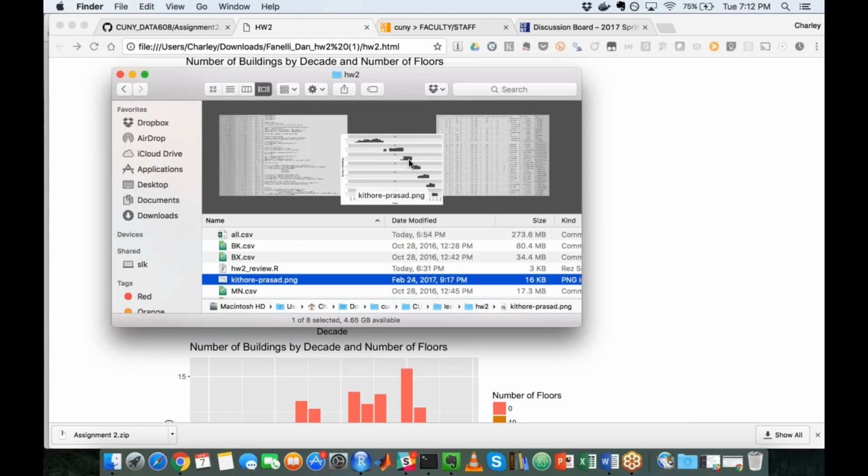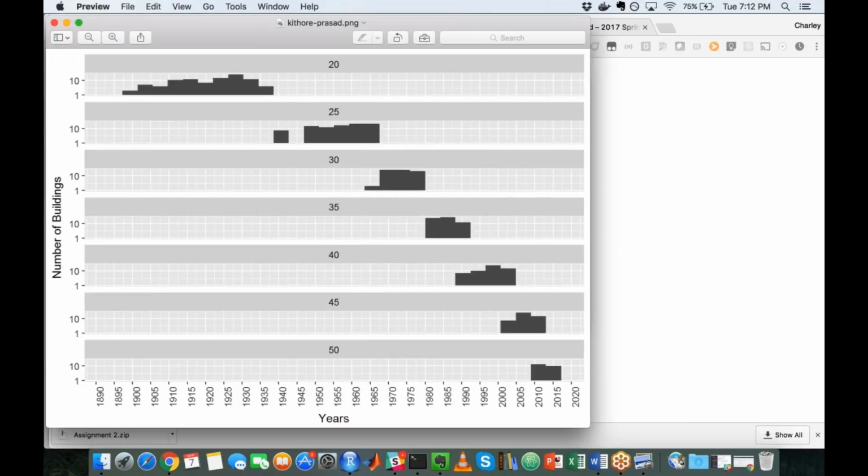Yep. So here, this was that pattern that I was talking about, where you see different building heights and you're looking at years over here, and this gives a pretty clear pattern of when buildings are built. So you could see the sequential nature of how this development is occurring.